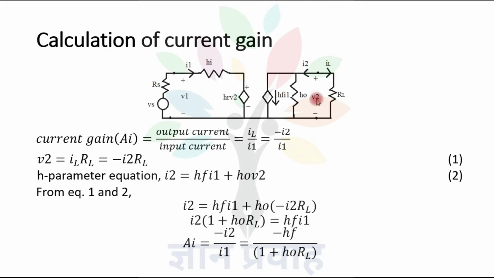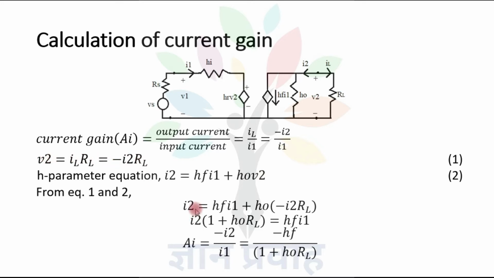In this loop, V2 equals IL RL, and IL equals minus I2. It means V2 equals minus I2 RL. The H parameter equation is I2 equals HF I1 plus HO V2. In this equation we can see I2 is here, I1 is here, but V2 is also there. So we have to replace V2 in such a way that the equation contains only I1 and I2. V2 is minus I2 RL.